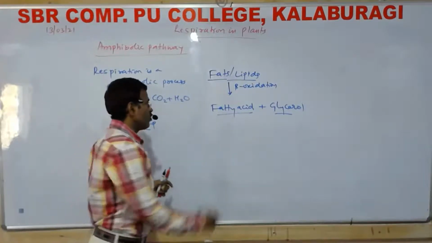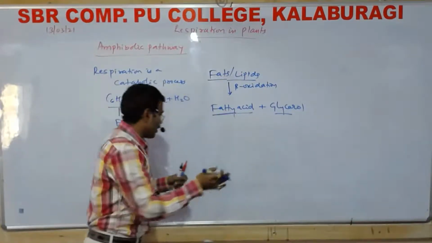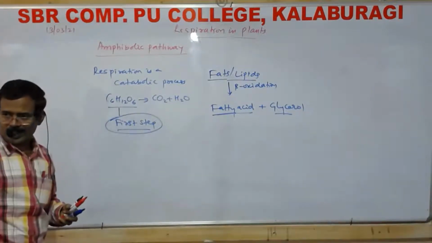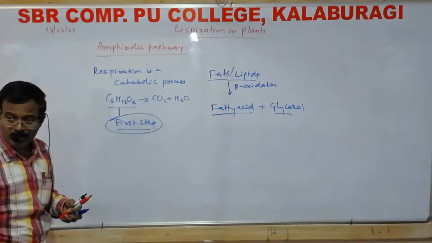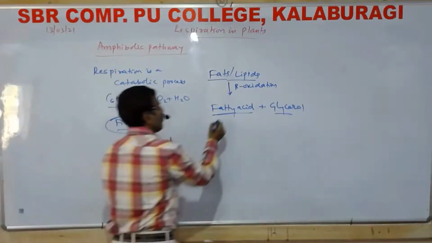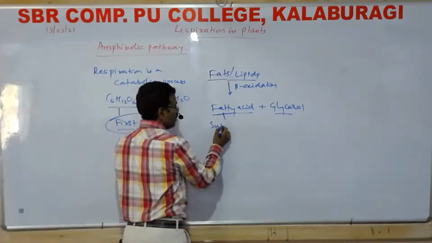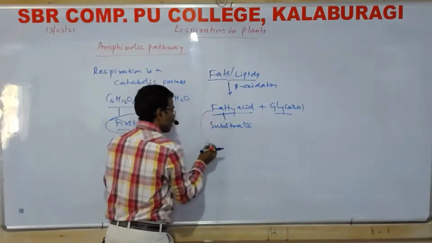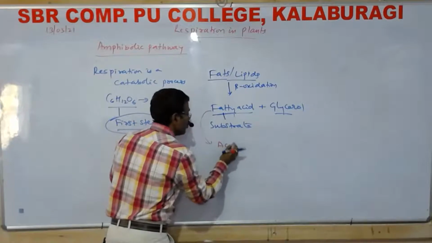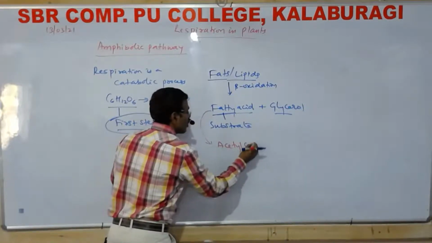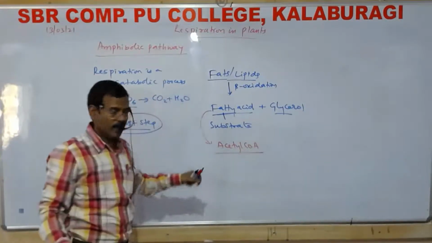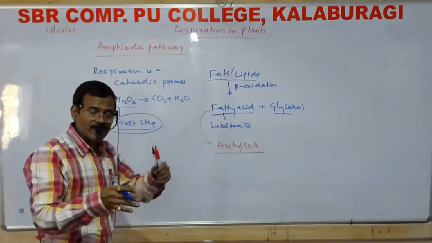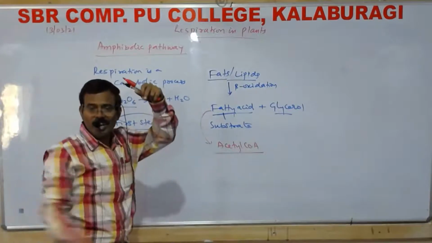Now, this fatty acid cannot enter the respiratory pathway from the first step. Suppose fatty acid is used as a respiratory substrate, this fatty acid is converted into acetyl coenzyme A. This acetyl coenzyme A then takes part in Krebs cycle.